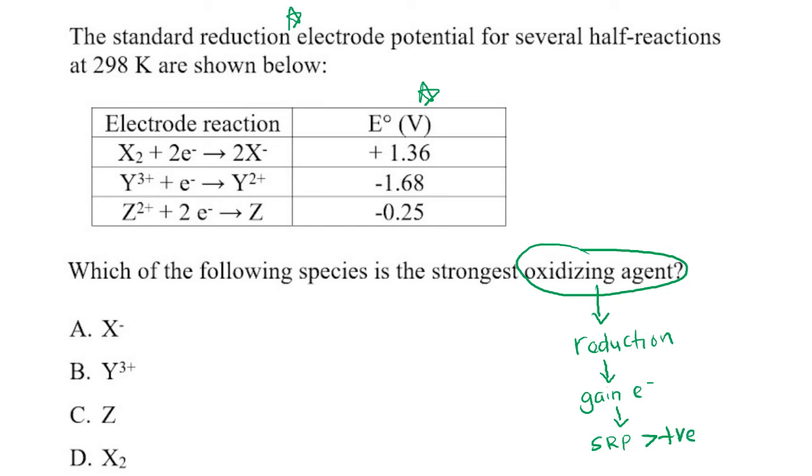Among all these three values, positive 1.36 is the most positive, so B and C are out. Because the oxidizing agent undergoes reduction, the reaction goes from left to right. So the species X2, which is option D, will be the answer.